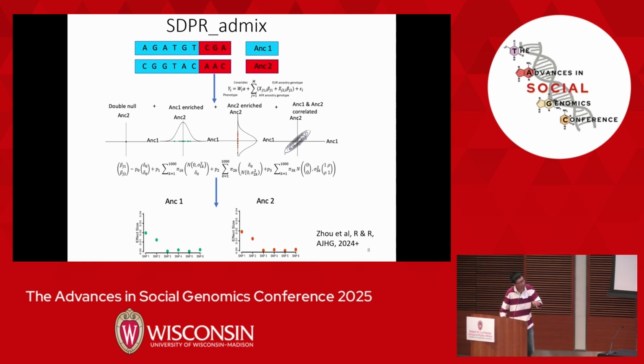The second component, these effects can be ancestry 1 specific, which means their effects are 0 in ancestry 2, but non-0 in ancestry 1. Similarly, for the third component, the effects are ancestry 2 enriched or specific, which means their effects are 0 in ancestry 1, but non-0 in ancestry 2. And the last component, they are somehow correlated across ancestry.